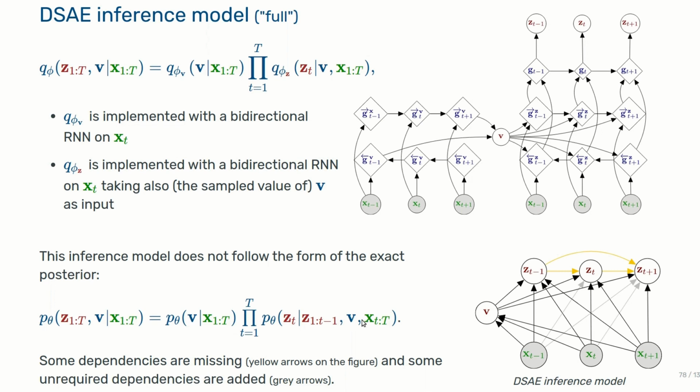However, it should not depend on the previous observations. So this is why in the diagram on the bottom right, you have in yellow the arrows that should have been there but are not in the proposed approximation, and in gray the arrows that should not be there but are taken into account in the proposed approximation.